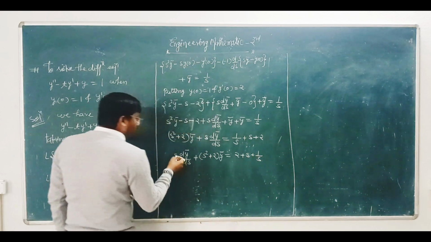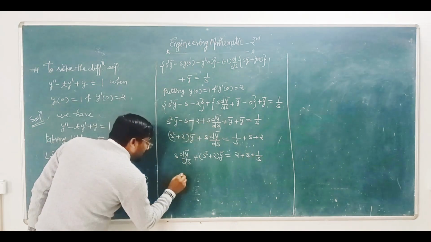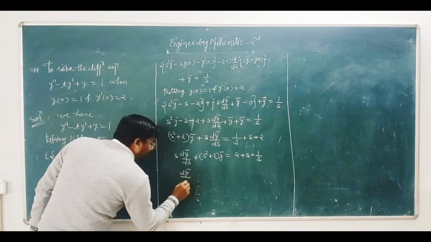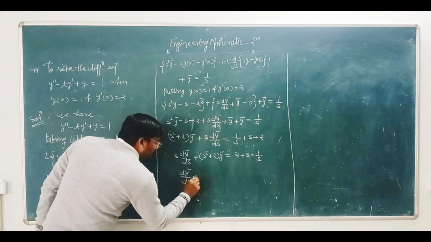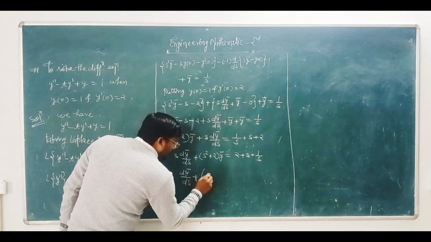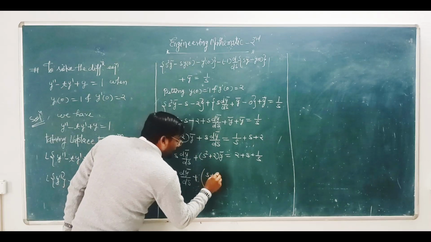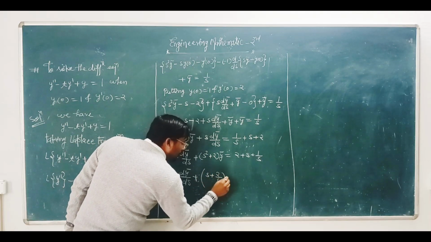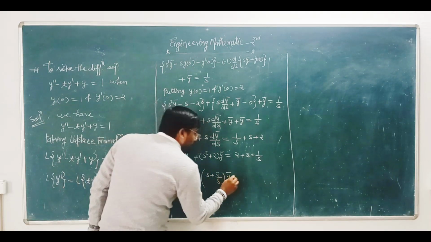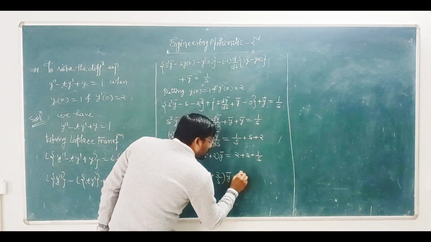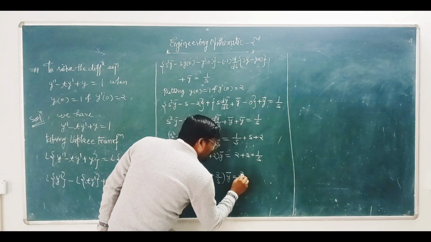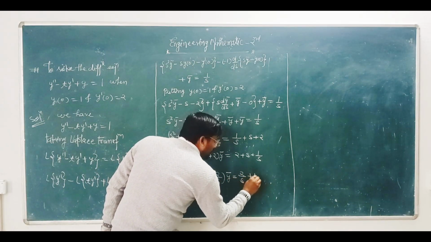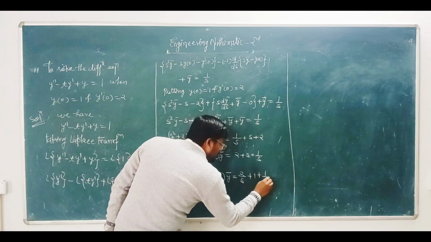Now dividing by s square, this means dy bar by ds plus s plus 2 upon s y bar is equal to 2 by s plus 1 upon s square.